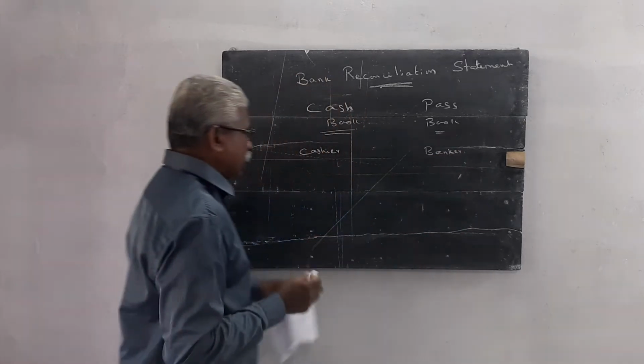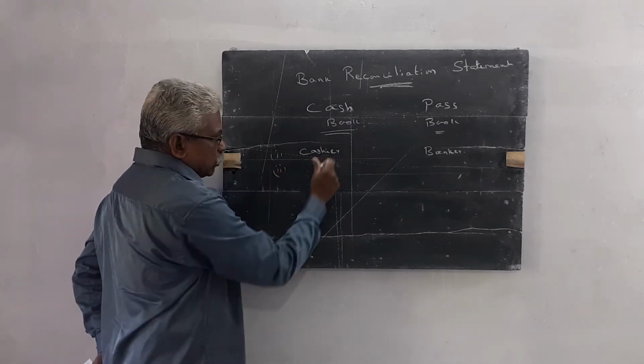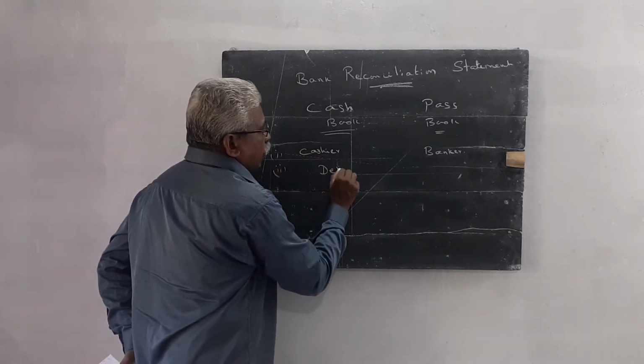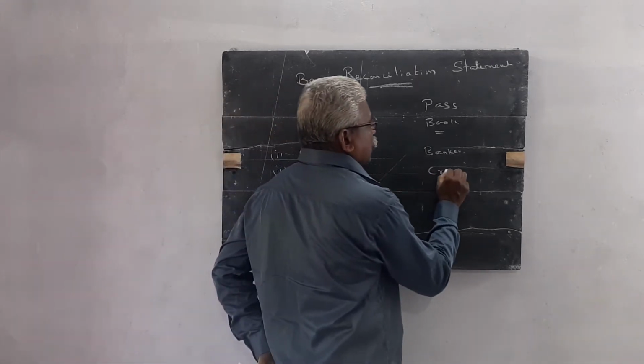That's the first point. The second important thing I want to explain is that in the cash book, the debit side is the favorable side, but in the passbook, the credit side is the favorable side.